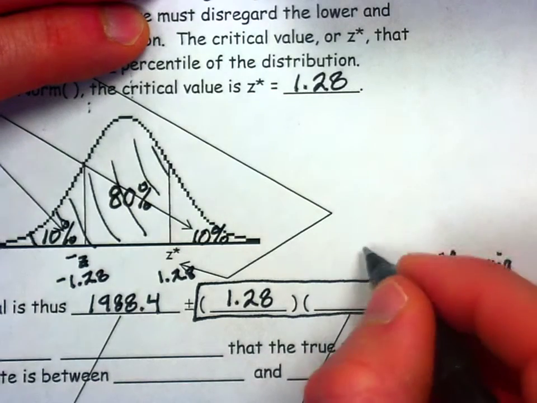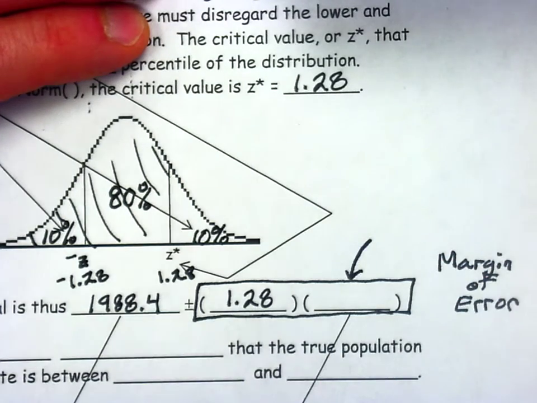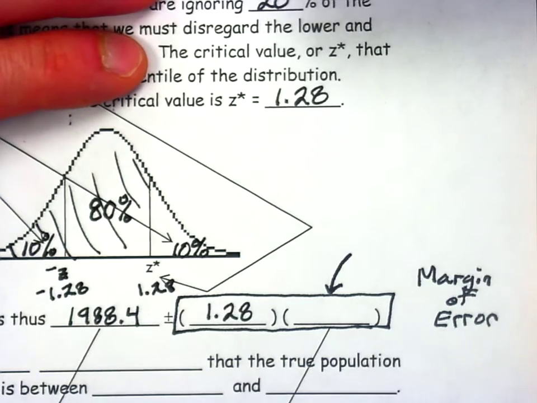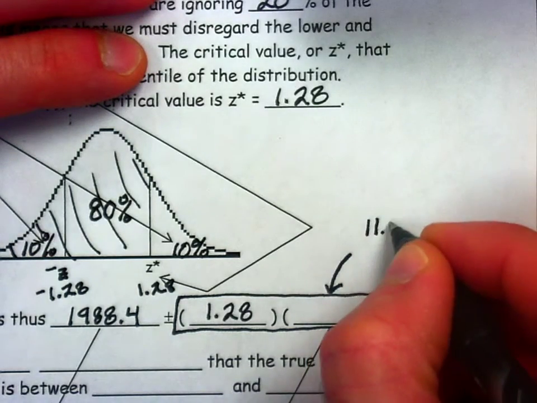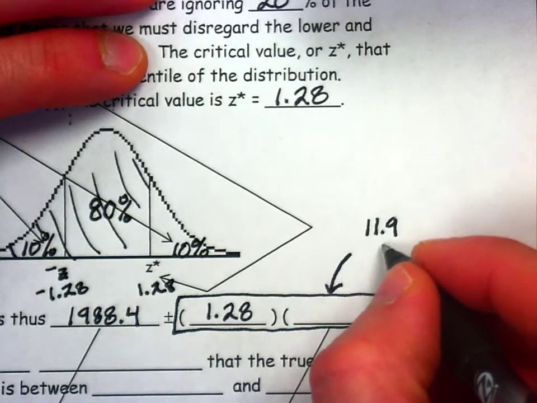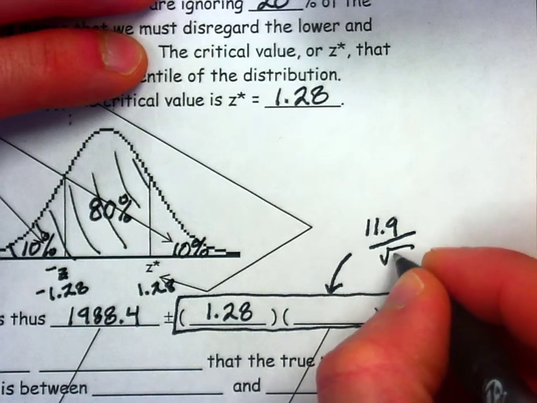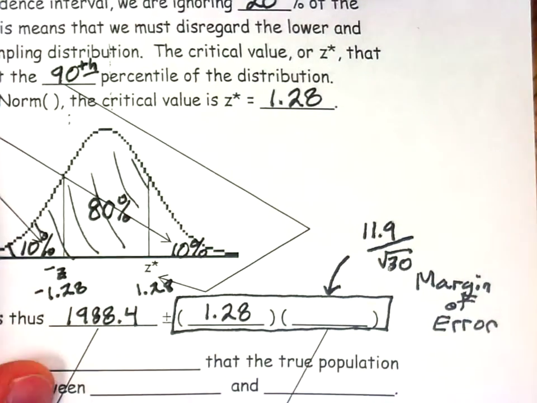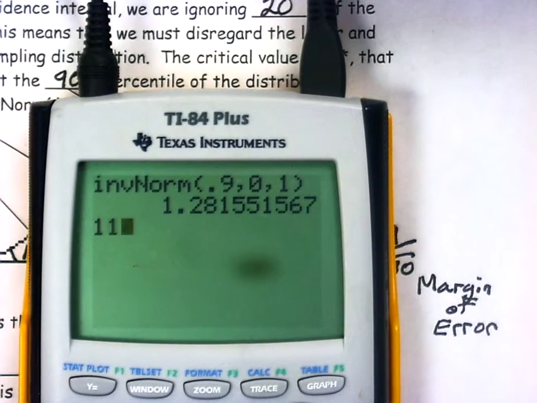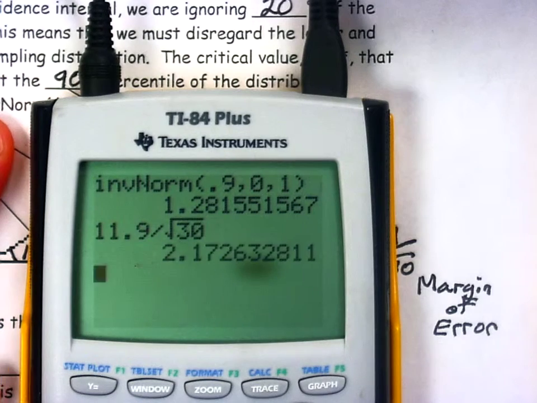This expression right here is the standard deviation of the sampling distribution. We do know the population standard deviation is 11.9. Our sample size is 30. So I want to divide 11.9 by the square root of 30, and that will give us the standard deviation of the sampling distribution. That's about 2.17.